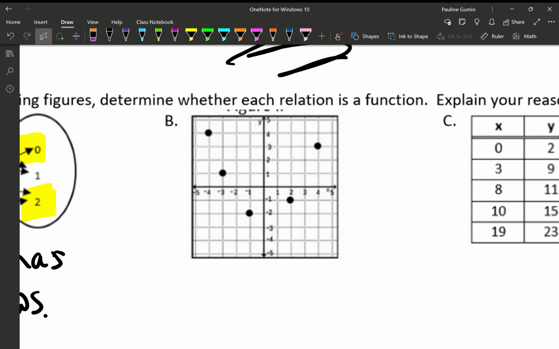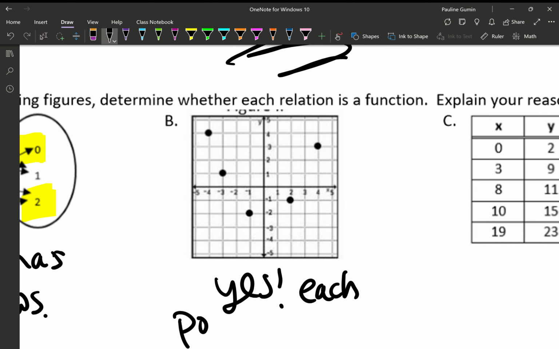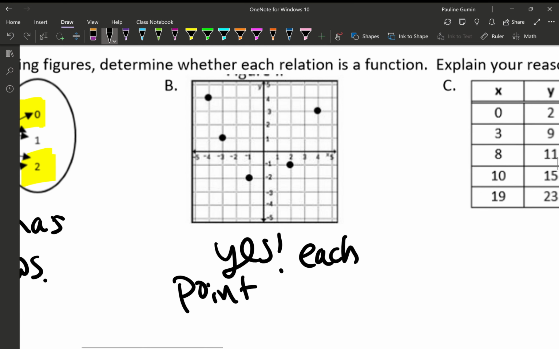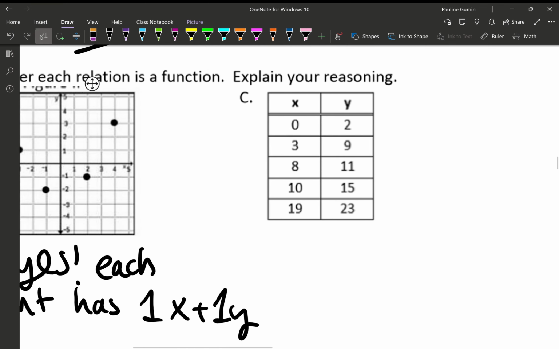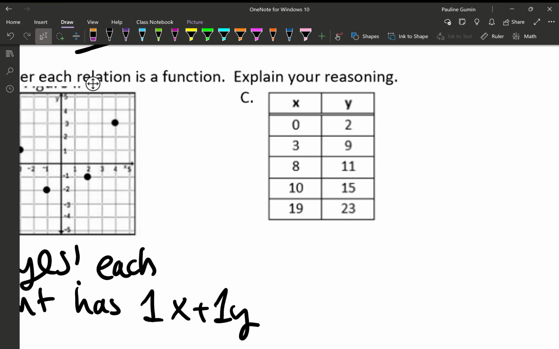Letter B. Is this a function? Does every point just have one x, one y? Looks like it. Yes. Each point has one x and one y. Beautiful. Letter C, take a look at the x's. Do they repeat?